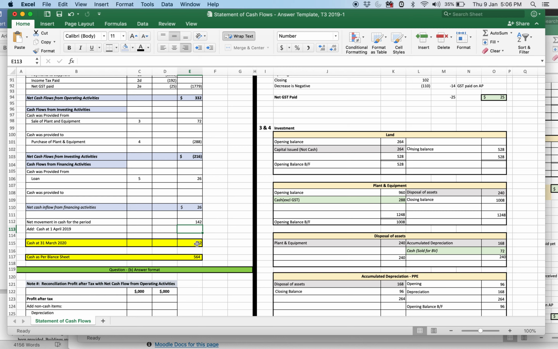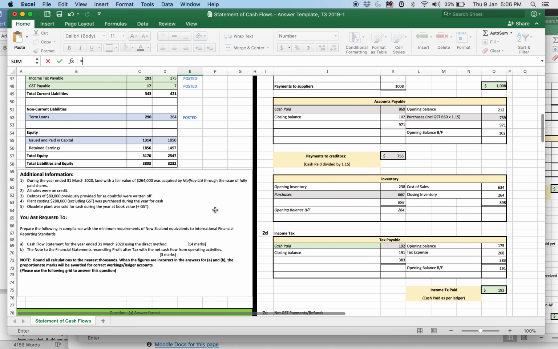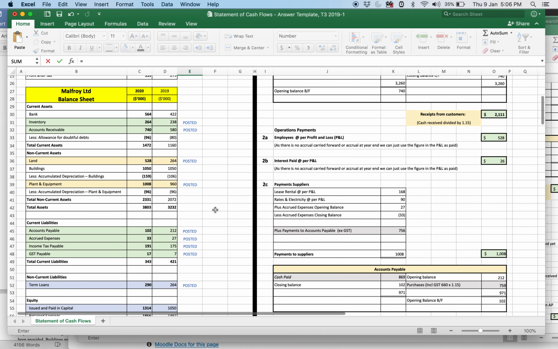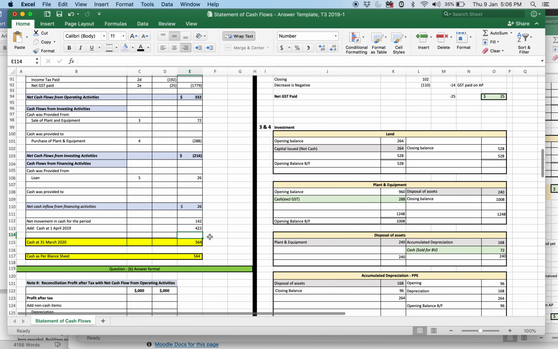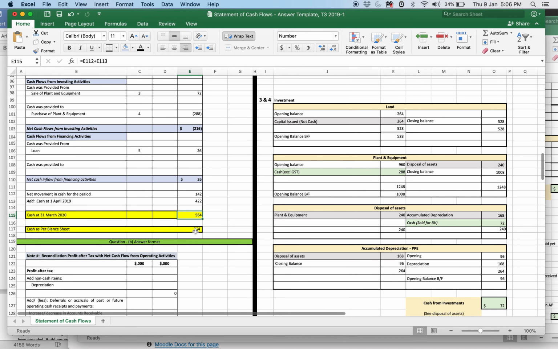It doesn't reconcile to the balance sheet because we need our bank balance at the beginning of the year. At the beginning of the year, we already had money in the bank, and we had 422. And hey presto, this cash flow statement balances to the balance sheet. Great.